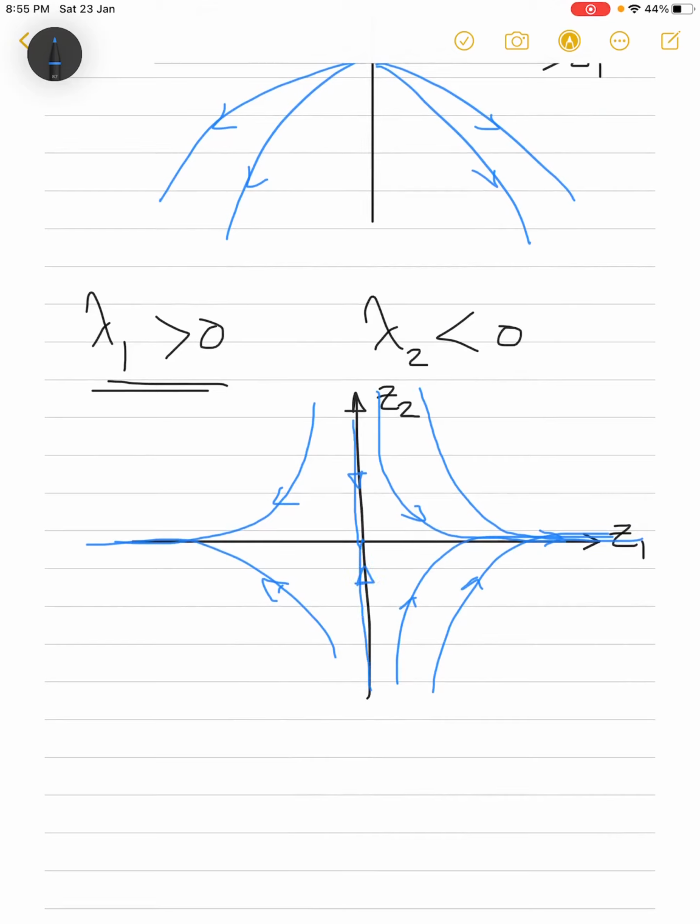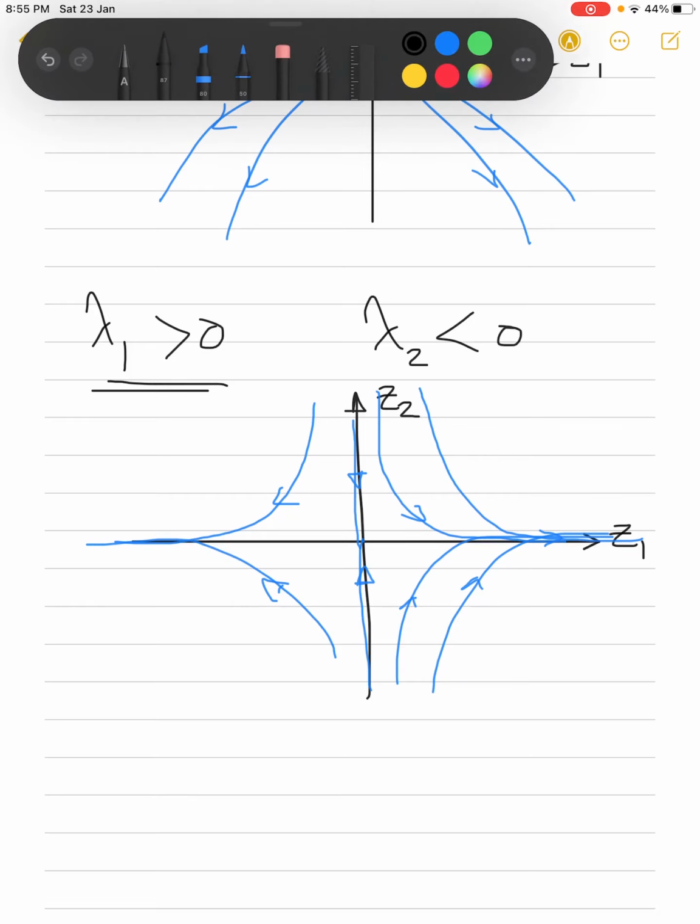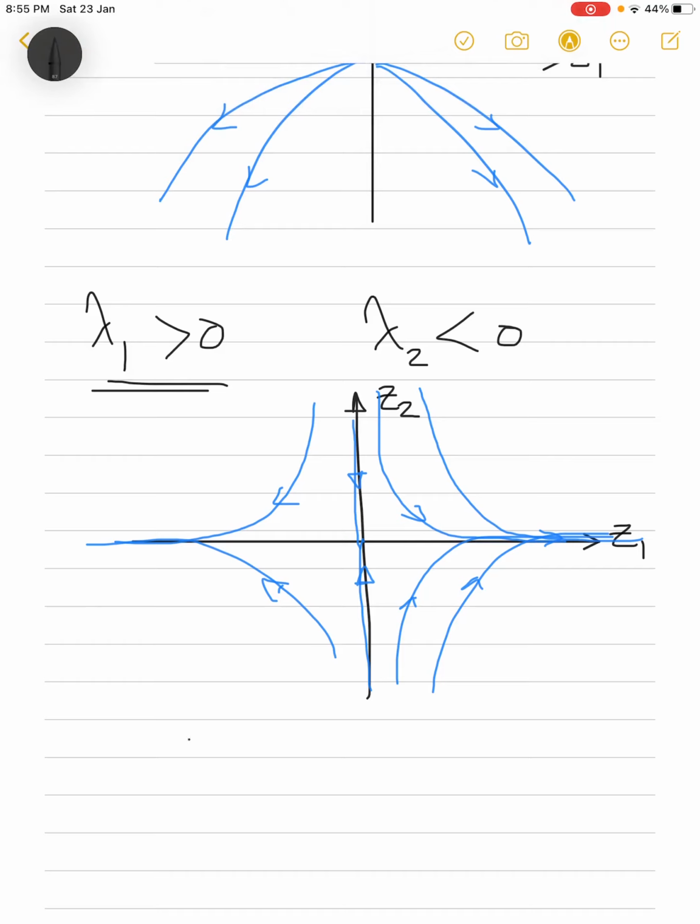We call the origin in this case a saddle point. So this is called a saddle point of equilibrium, which is x at 0 in our case here.